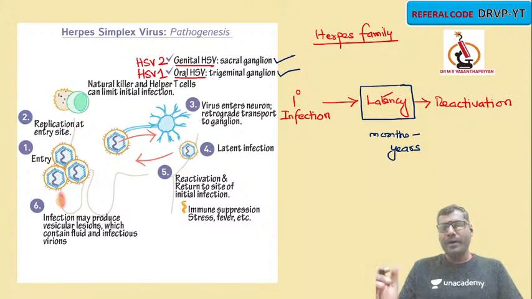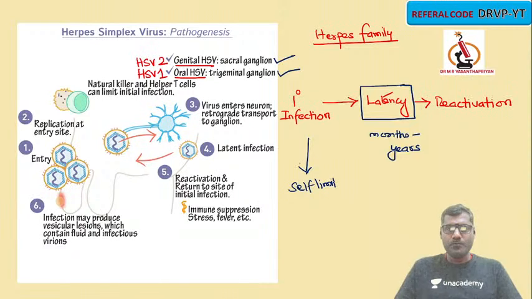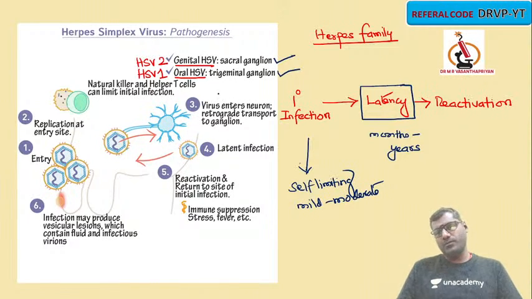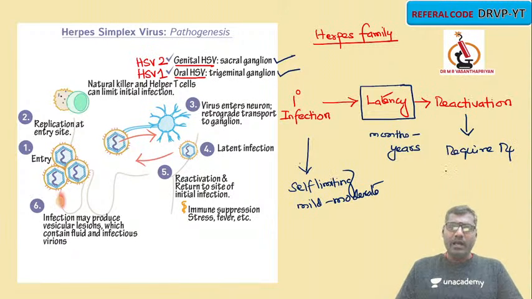If we compare the primary infection with reactivation, the primary infection is mostly self-limiting, a mild to moderate manifestation. But reactivation is most of the time not self-limiting, requires treatment for control, and the disease is more severe than the primary infection.